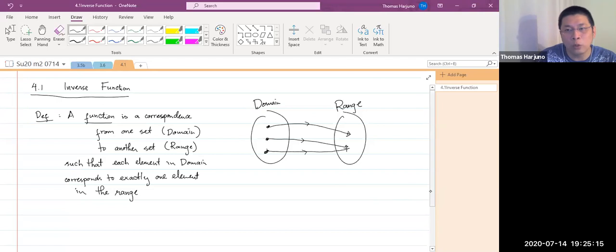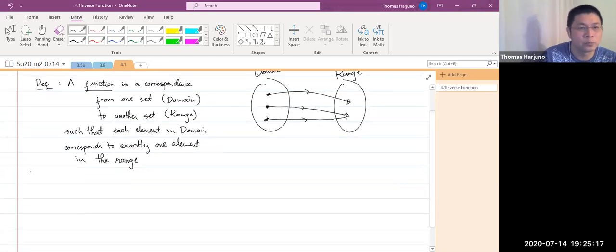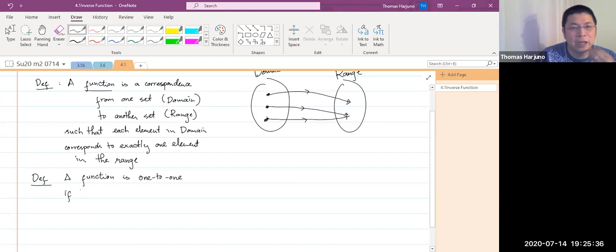And what is a one-to-one function? Definition. A function is one-to-one if, besides each element in the domain corresponding to exactly one element in the range, the converse is also true.